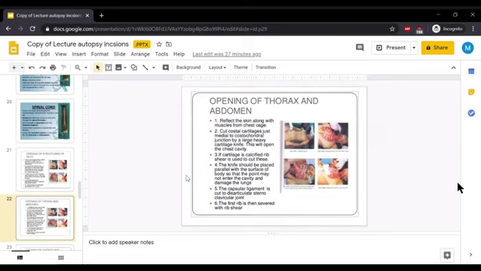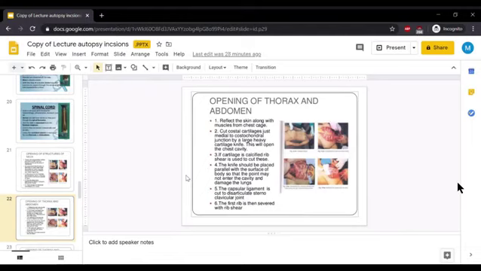Opening of the thorax and abdomen. Reflect the skin along the muscles from the chest cage. Then we will cut the costal cartilage just medial to the costochondral junction with a large heavy cartilage knife. This will open the chest cavity.